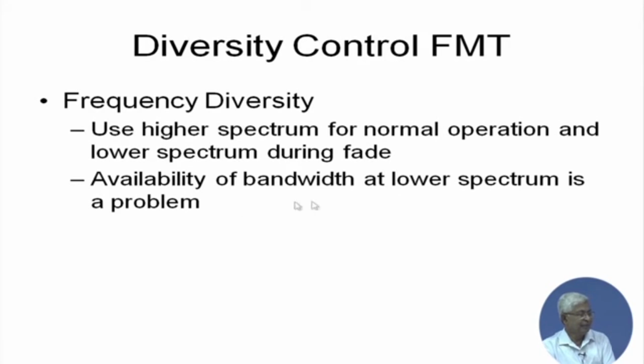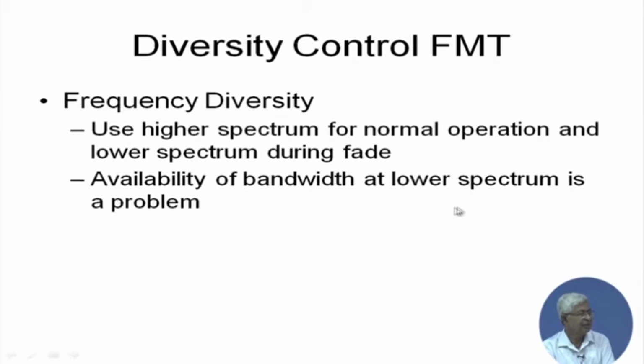Availability of bandwidth at the lower spectrum is also a problem, because as briefly mentioned in one of the earlier slides, at C band we have roughly 700 megahertz allotted by ITU for space to earth and earth to space links, at Ku band it is roughly of the order of 2 gigahertz, and at Ka band roughly 2.5 gigahertz.